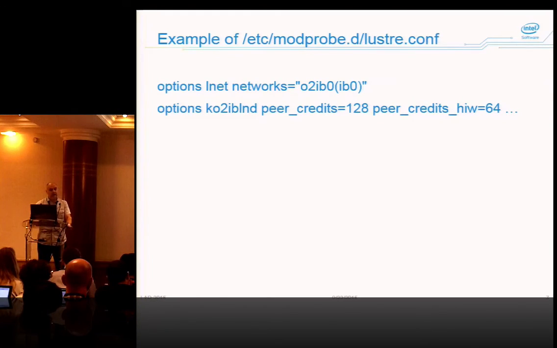For example, right now we have the default, not default but usual configuration. You have one lustre.conf file which describes the whole configuration, and you have the special options for the LND driver with the set of optimal parameters, which were also mentioned in the previous presentation, that you found and would like to use.